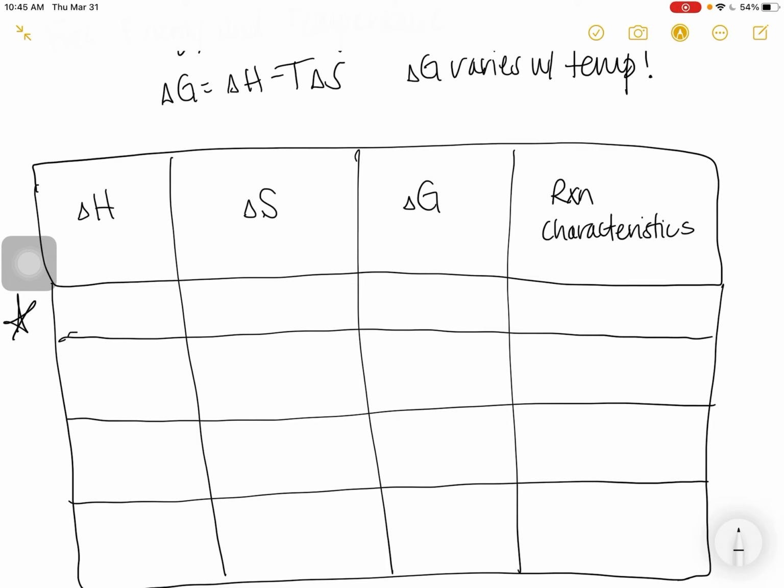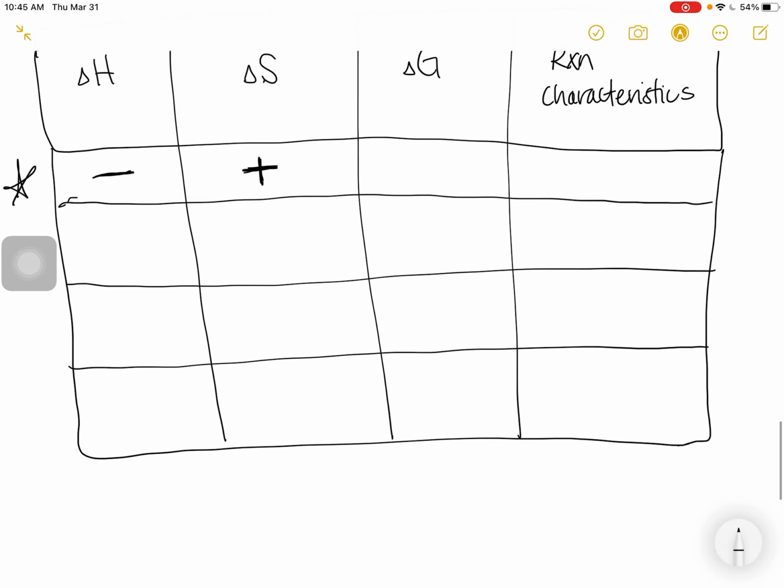So the first situation is, what if I have a negative delta H and a positive delta S? Okay, what's going to happen to my value of delta G? Well, I will show you this. You don't have to write this because it gets kind of messy, but just to prove it to you. All right, so ready? If H is negative, T will be positive all the time, and S is positive in this case.